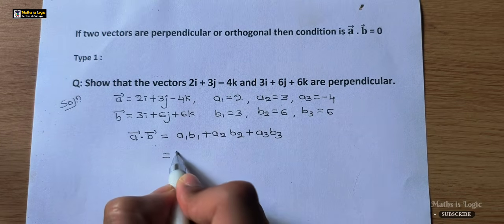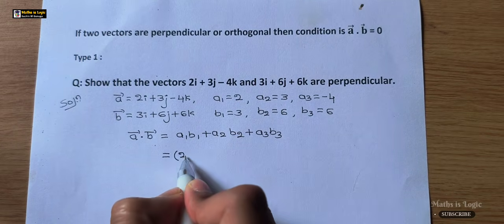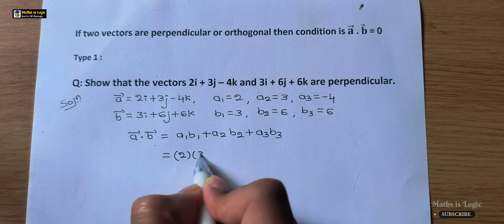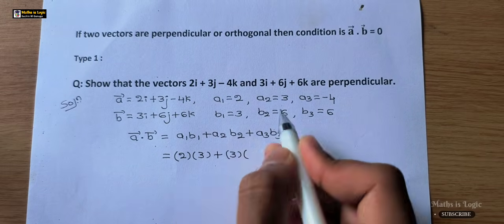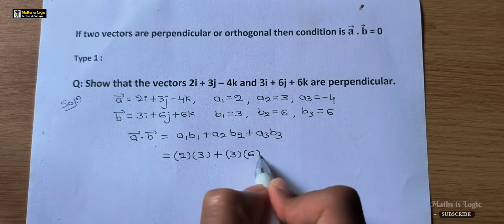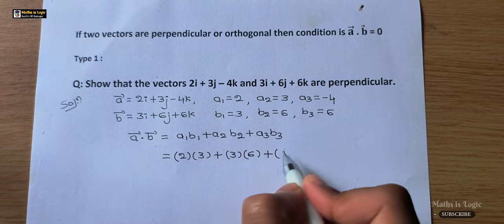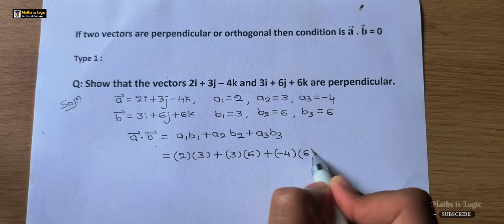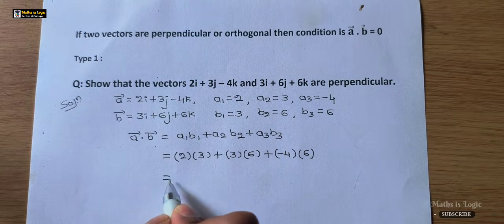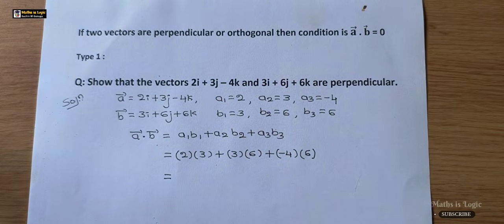Substitute, which is equals to A1 is 2, B1 is 3 plus A2 is 3 into B2 is 6 plus A3 is minus 4 and B3 is how much? 6. So which is equals to, now directly use the calculator.